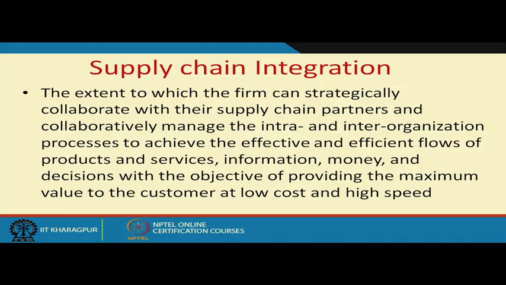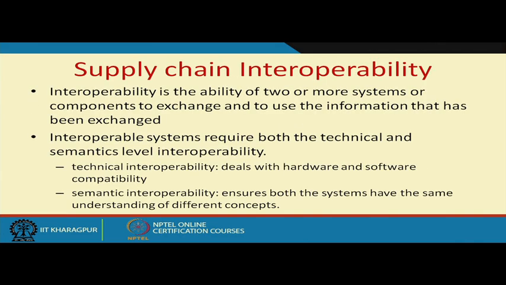So, we continue our discussion on integration and interoperability, and so far we have understood the meaning of integration. This integration is strategic in nature and it has two components: one is collaboration and the second is interoperability. Then we started talking about interoperability.